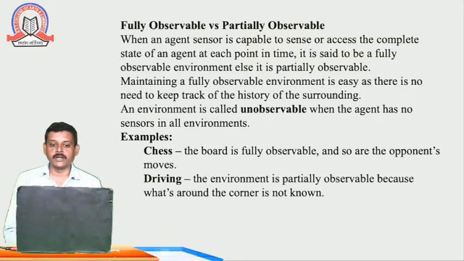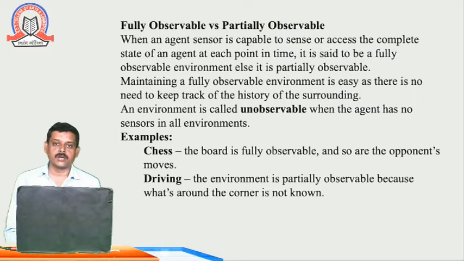If we are maintaining a fully observable environment, it is easy, as there is no need to keep track of the history of anything or the surroundings. The environment is called unobservable when the agent has no sensors in all environments.